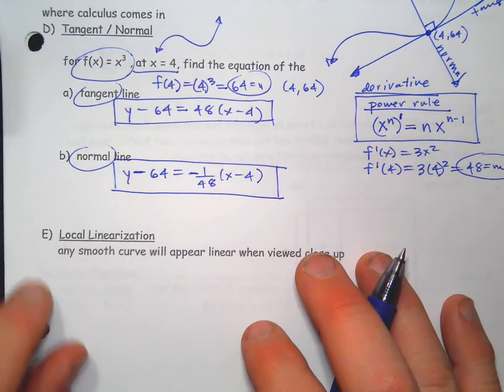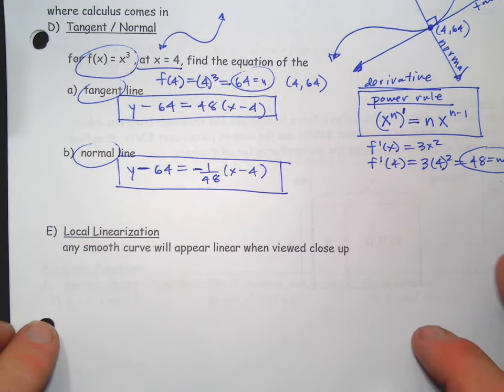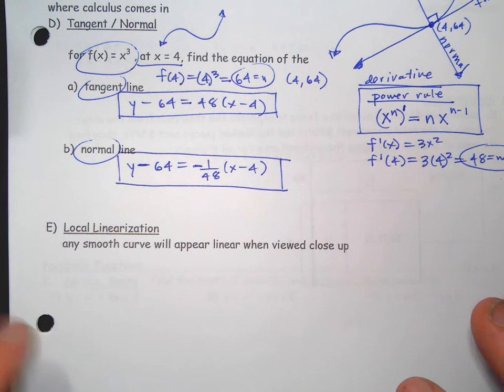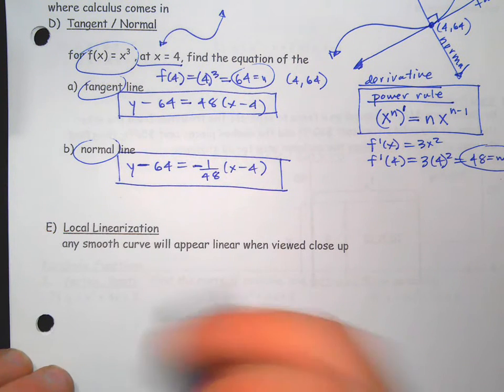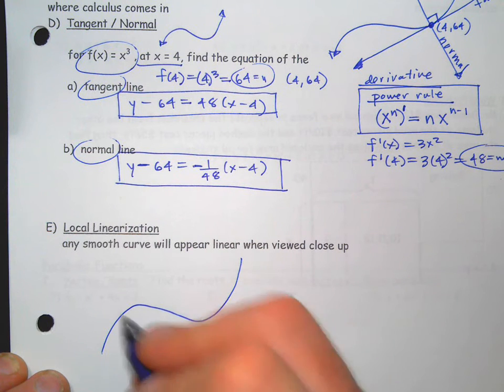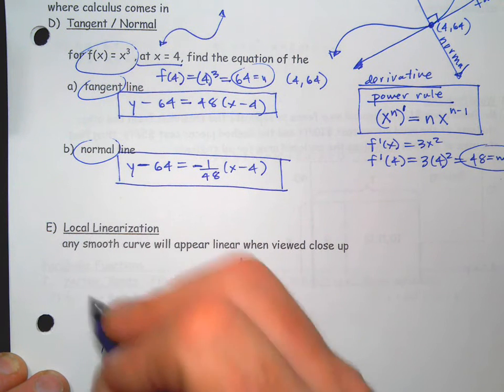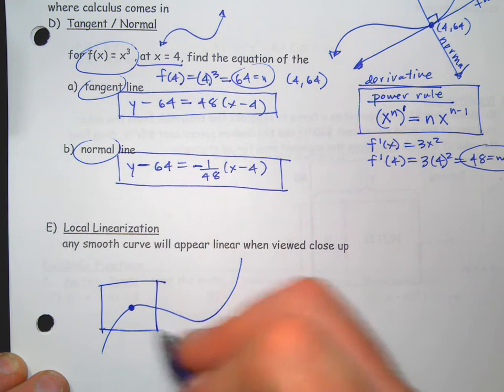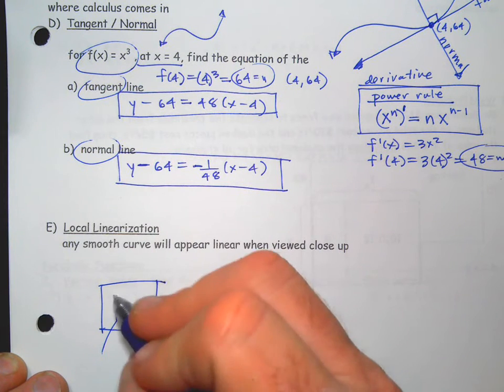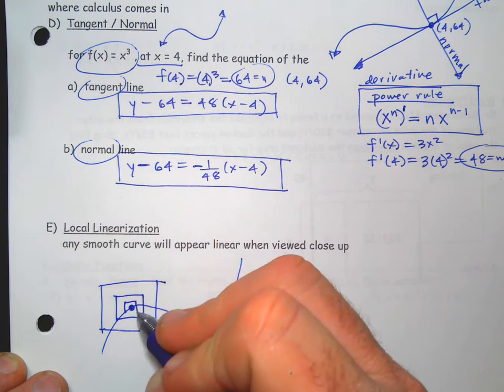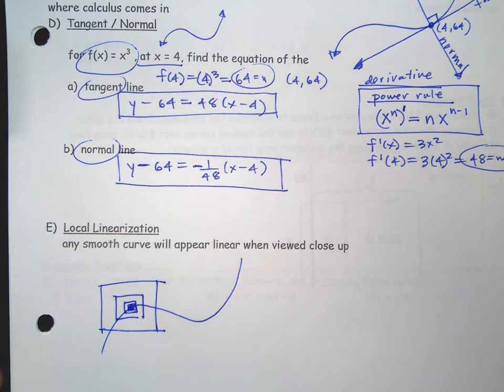So, something called local linearization. And it's this idea that any smooth curve will appear linear if you zoom in enough. So if you take some curve and you're like, well, this is pretty curvy right here, and you zoom in on it, well, it still looks like a curve. You zoom in more, and more, and more. Try it on your graphing calculator.